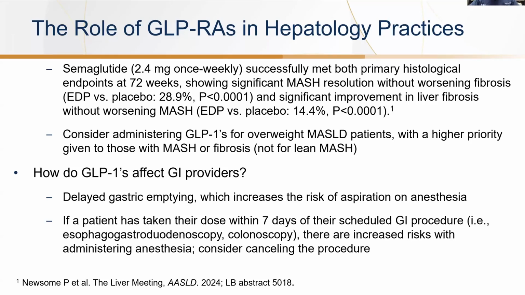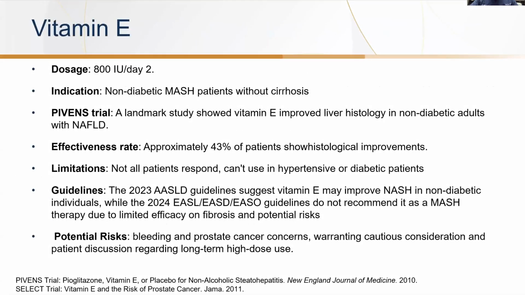The recommendation is that a patient needs to hold their GLP-1 7 days prior to their scheduled GI procedure, whether that be EGD, which is esophagogastroduodenoscopy, or colonoscopy, as again, there are increased risks with administering anesthesia. If that can't be obtained, then you might need to consider having the procedure rescheduled for a different time in which they can hold that a week prior.